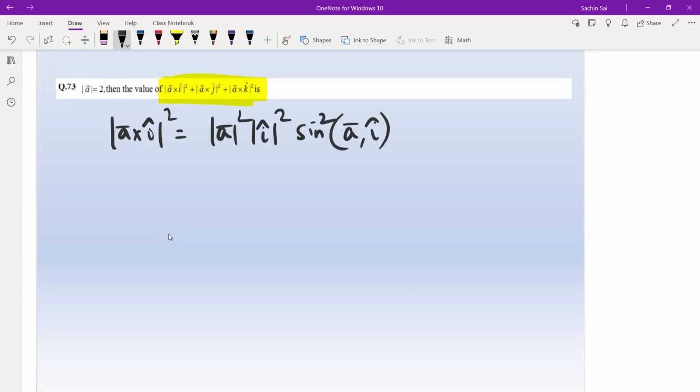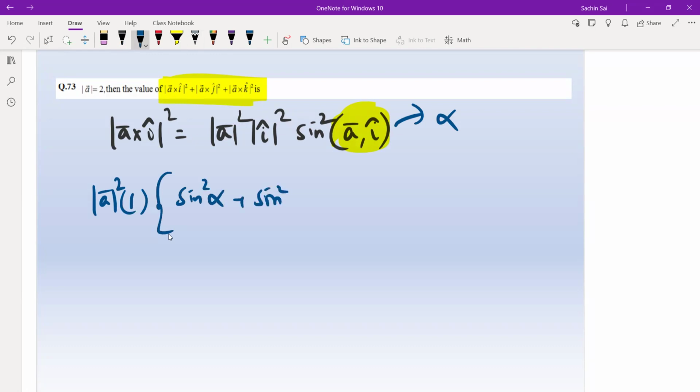Now, what does this angle denote? Angle between A bar and I cap, let us call it alpha. Then the given expression will be modulus A square times 1 into sine square alpha plus sine square beta plus sine square gamma, where alpha is the angle between A bar and I cap, beta is the angle between A bar and J cap, gamma is the angle between A bar and K cap.